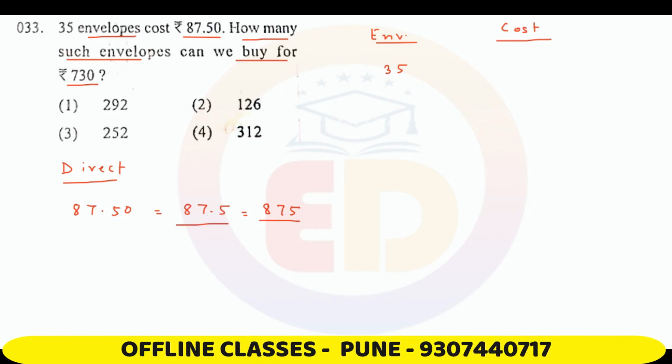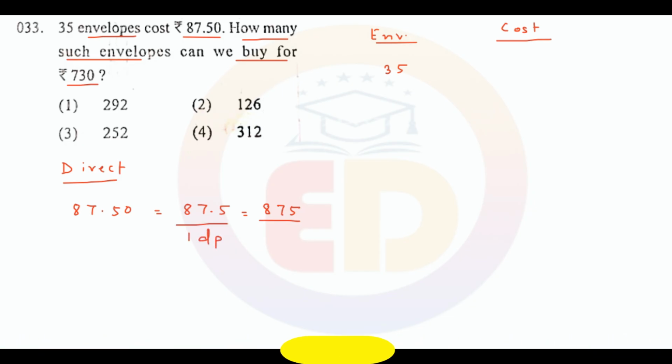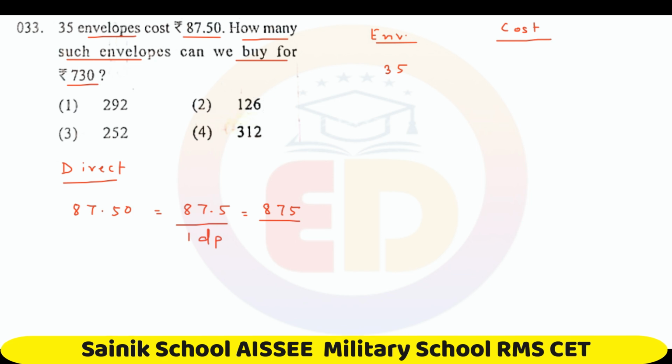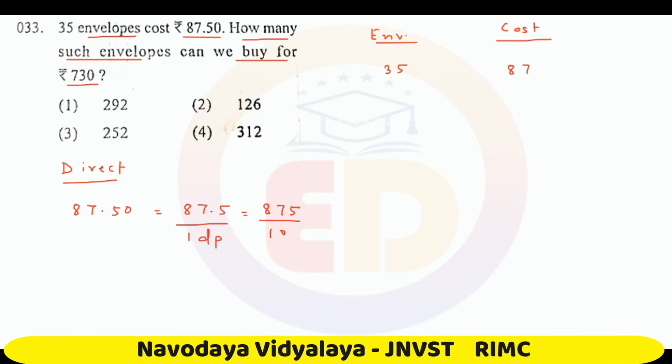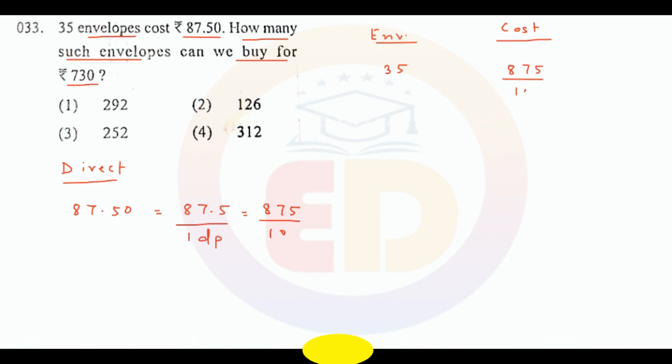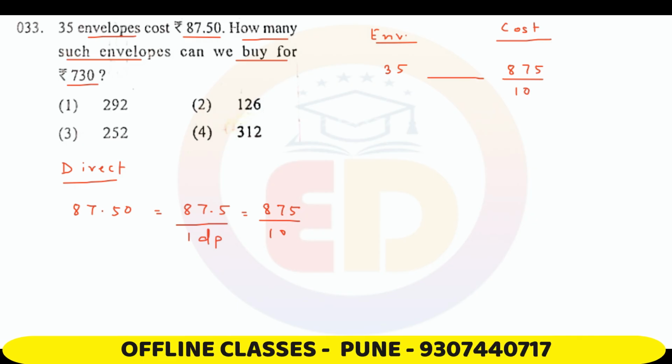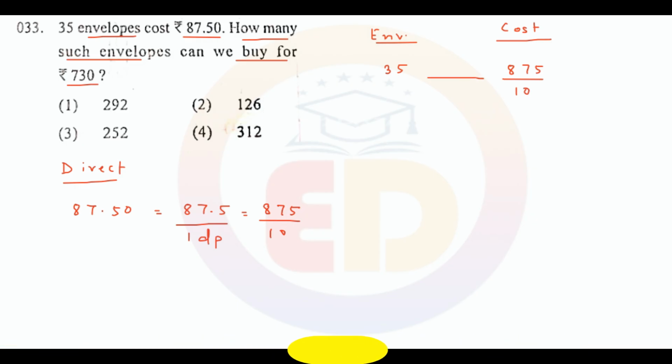Since this is one decimal place, you write down 875 upon 10. So we will solve this question using the value in the decimal fraction 875 upon 10. So the cost of 35 envelopes is 875 upon 10.